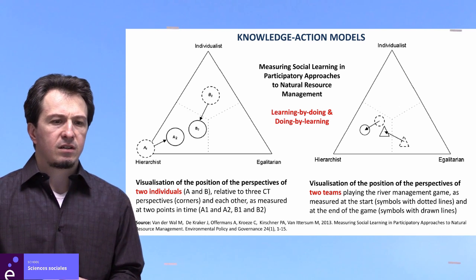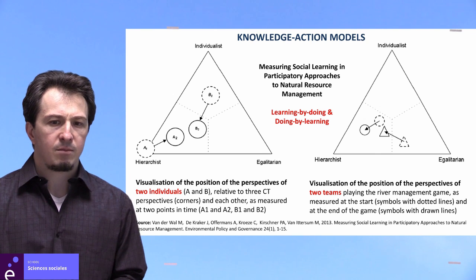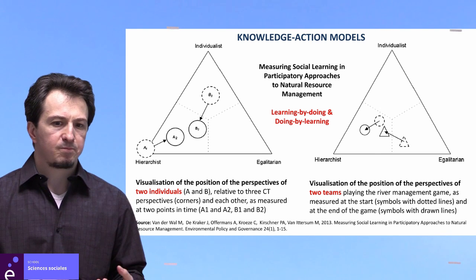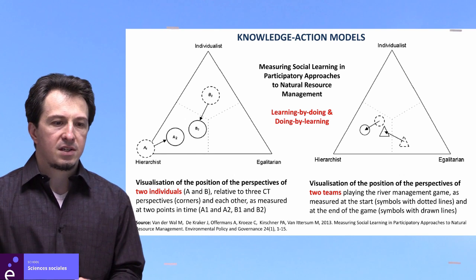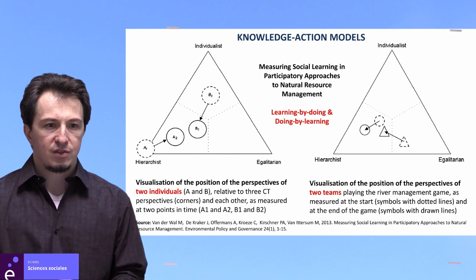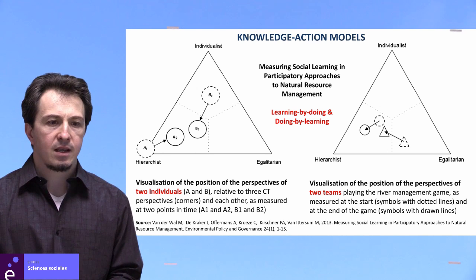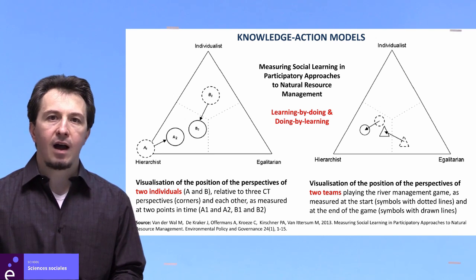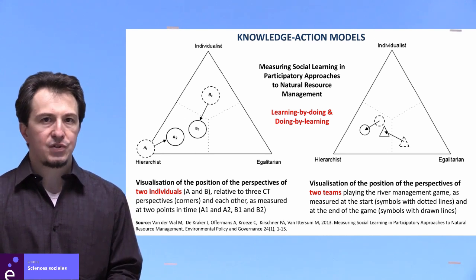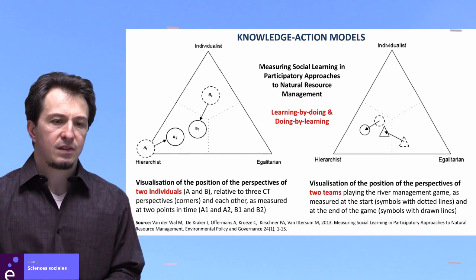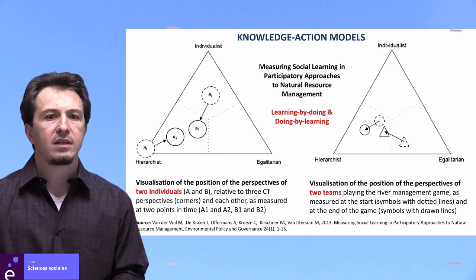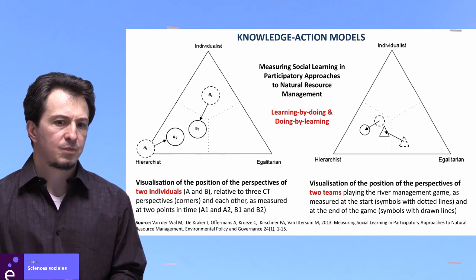And you see that each of them, at the beginning, were placed somewhere with a dotted line figure, somewhere more extreme or more central in this space. And then they moved, after they interacted with others in the project, they learned by doing stuff, and they changed a bit their perspective. They moved in this space.